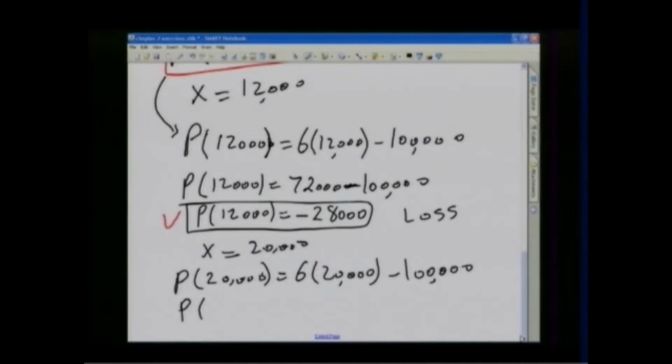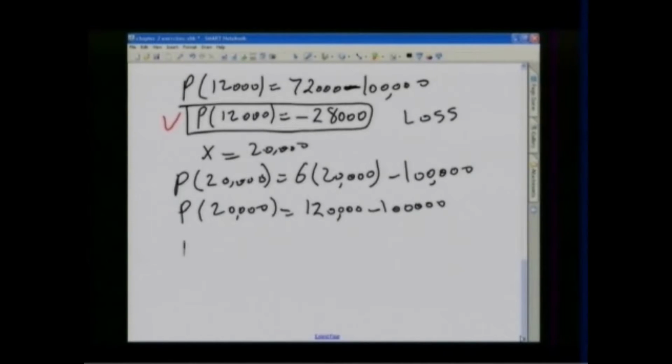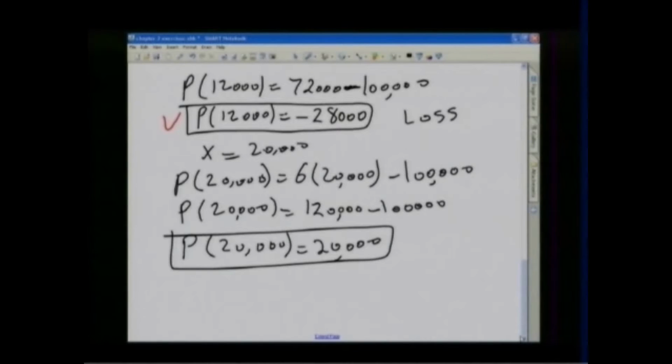P of 20,000 equal to 120,000 minus 100,000. Therefore, P of 20,000 would be equal to $20,000. Now, this is a profit of 20,000.